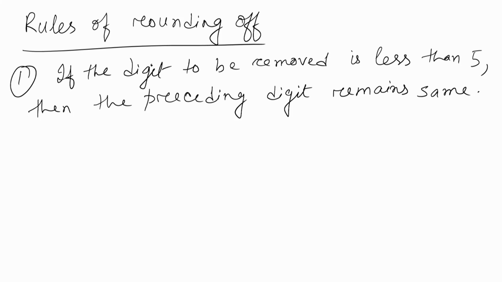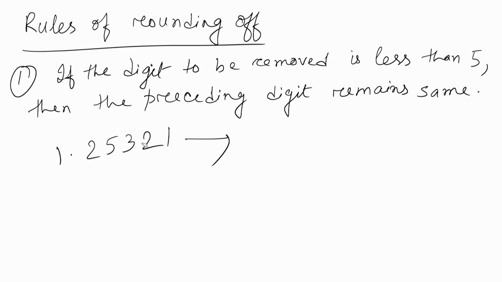So let's say we have 1.25321. We want to stop it here, up to 3 decimal places.